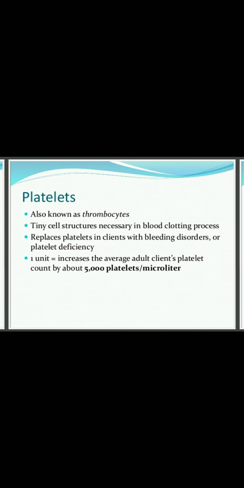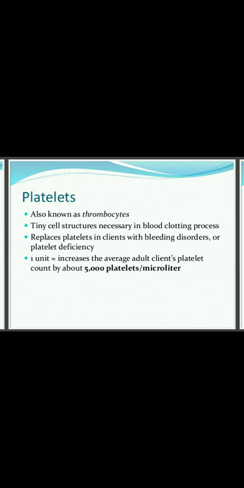Next blood product is platelets. The first one is fresh frozen plasma. The second one is platelets, also known as thrombocytes, tiny structures that play a role in the process of blood clotting.